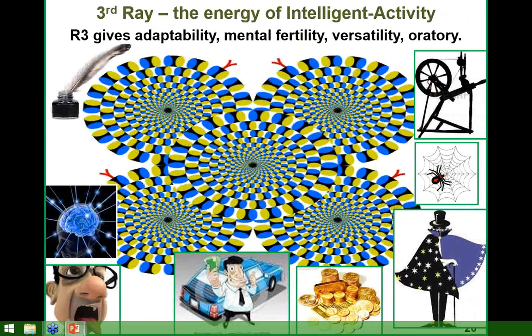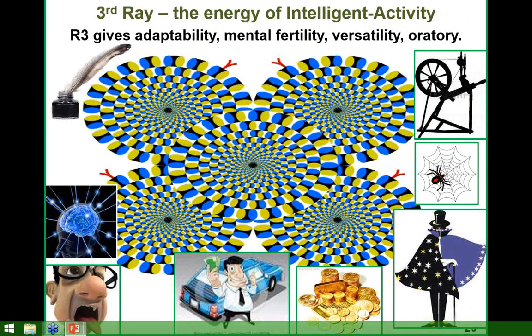It is the third ray, the energy of intelligent activity. And so you can get people, if they've got a third ray personality, may not necessarily be too intelligent, but they have a lot of activity going.